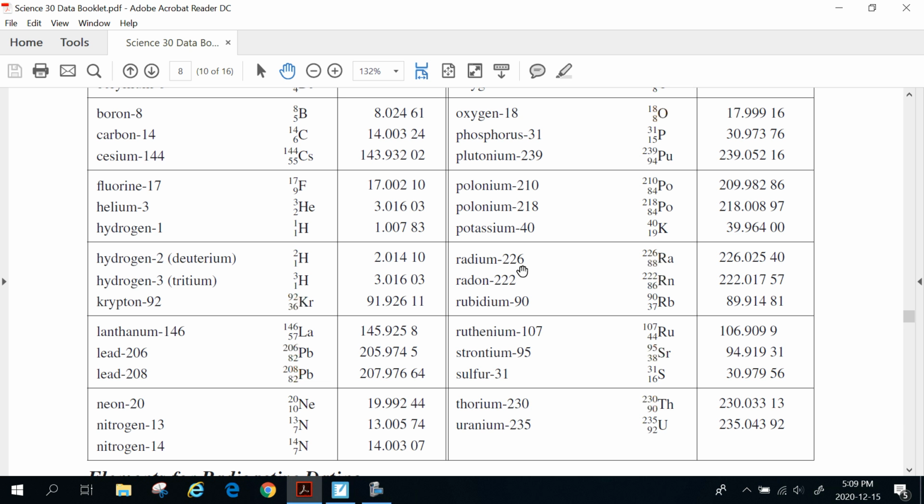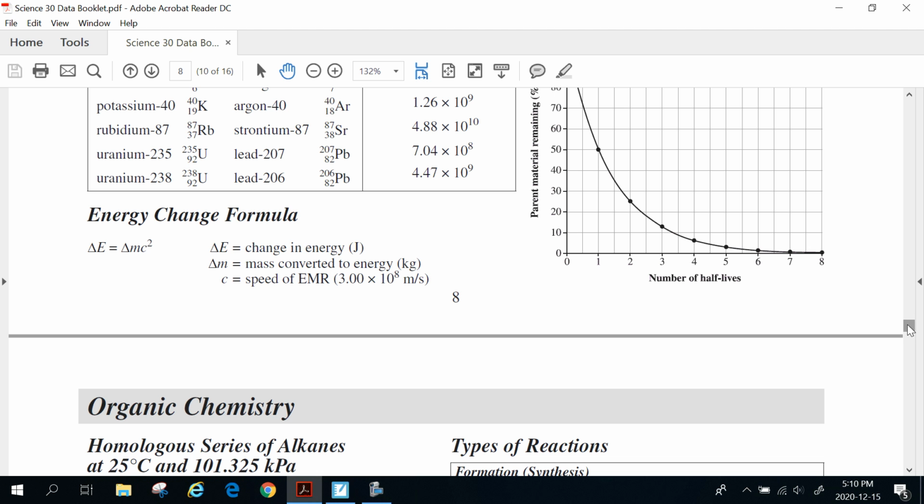The 226 is the mass number, referring specifically to that particular isotope of radium. The number at the bottom, of course, is the protons, 88 protons from the periodic table for radium. And we'll see I'm also using radon-222: 86 is the number of protons, 222 is the mass number. And right down at the bottom, we have Einstein's equation, E equals mc squared, and what each of those is representing.